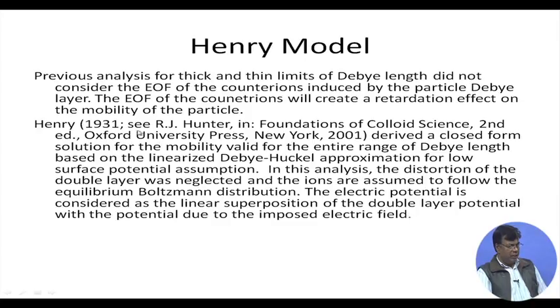These Henry model details are discussed in several articles and books. One of these is Hunter, which is a very fundamental book. So, I am not going into details of that.